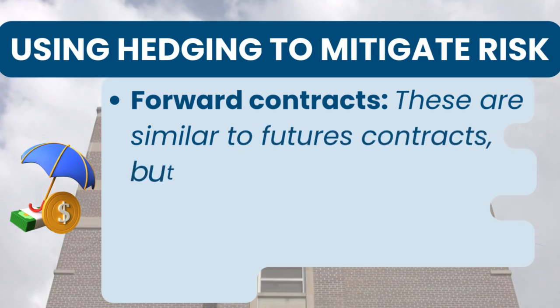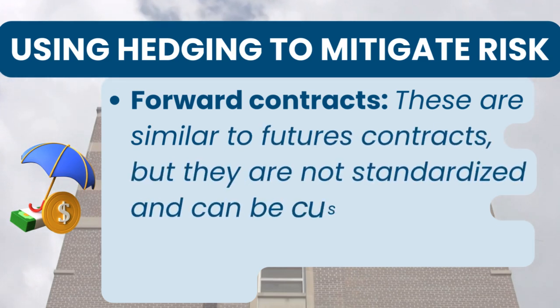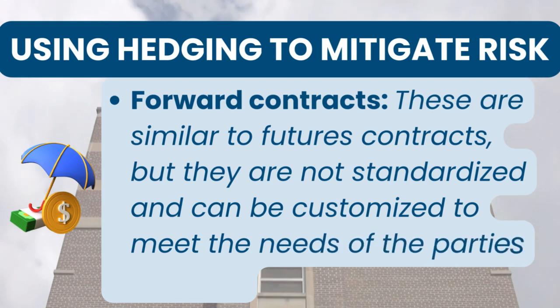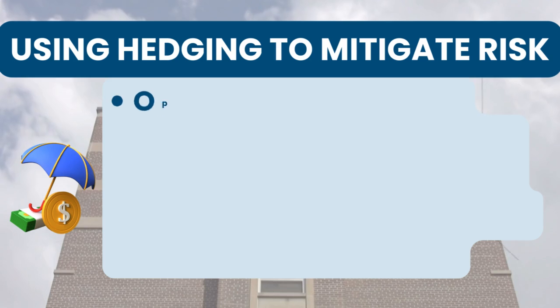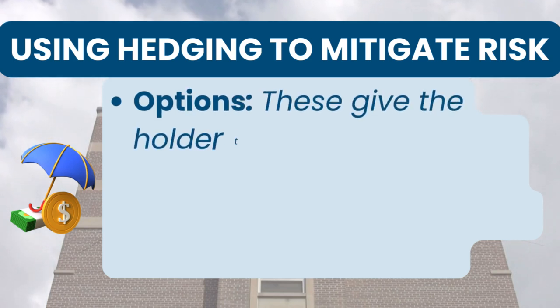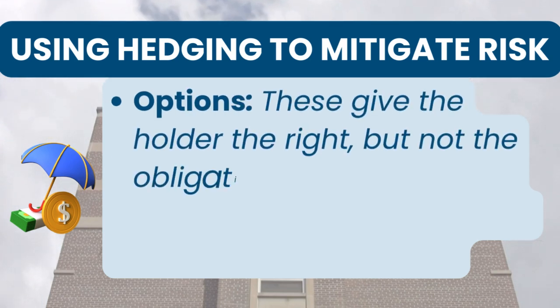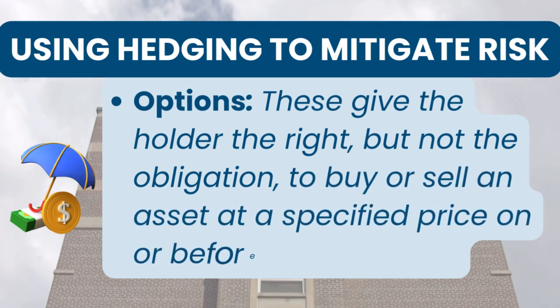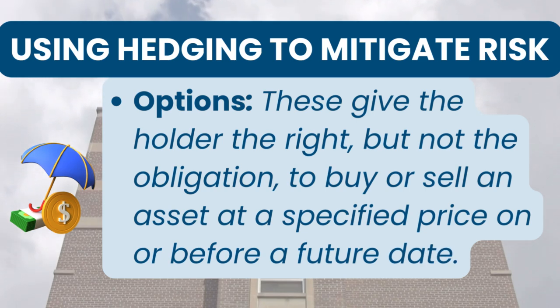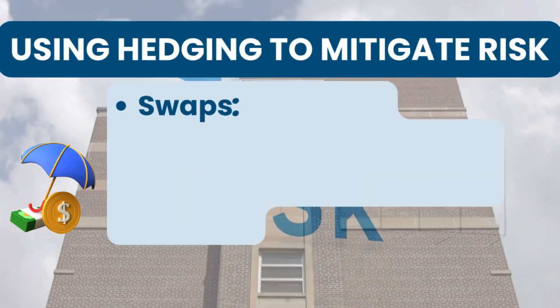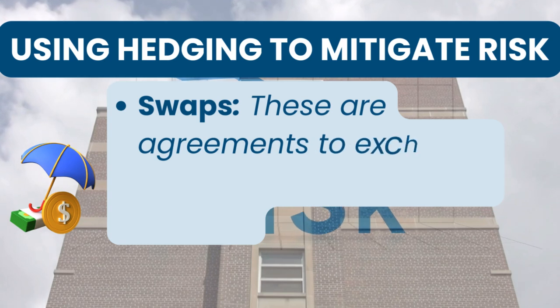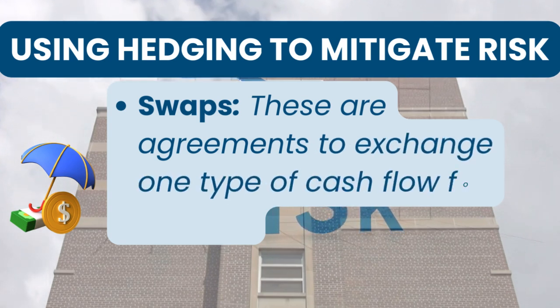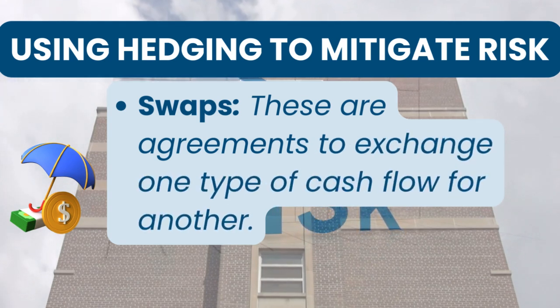These are similar to futures contracts, but they are not standardized and can be customized to meet the needs of the parties involved. Options. These give the holder the right, but not the obligation, to buy or sell an asset at a specified price on or before a future date. Swaps. These are agreements to exchange one type of cash flow for another.